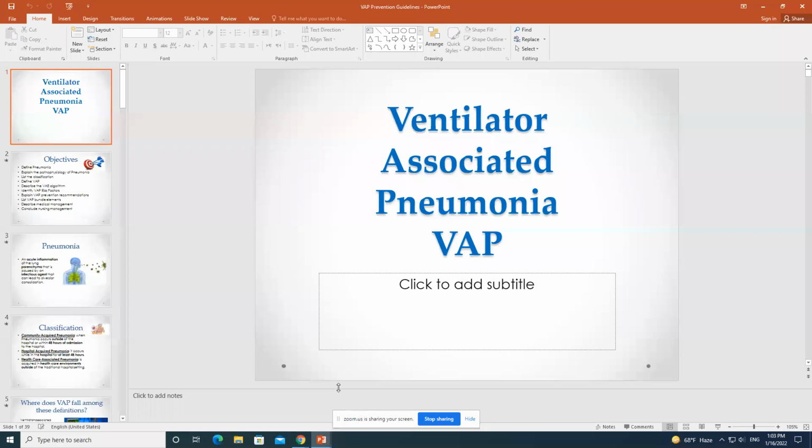First of all, do you know that the patient will be on a mechanical ventilator أو على التنفس الصناعي for different reasons. Like what? ليش المريض يتحط على مكنة التنفس الصناعي؟ For what reason do you think? What are the reasons?